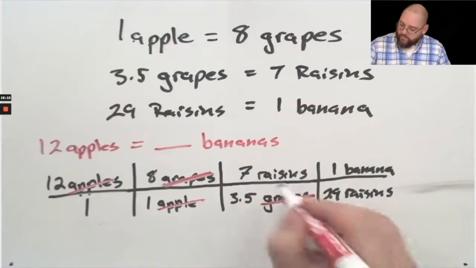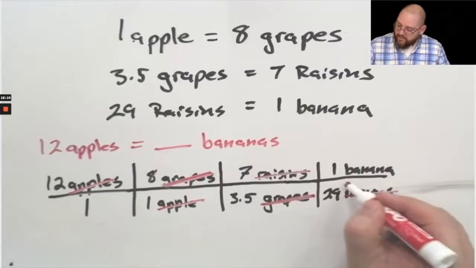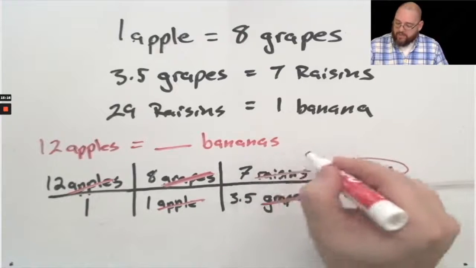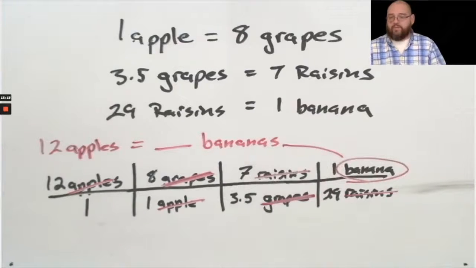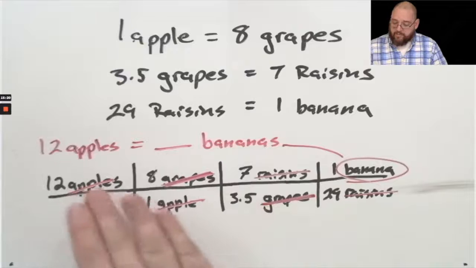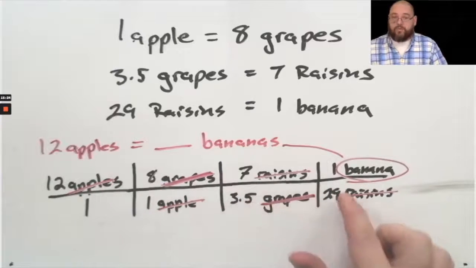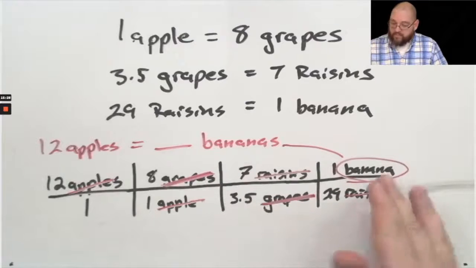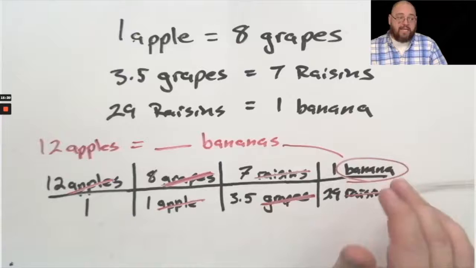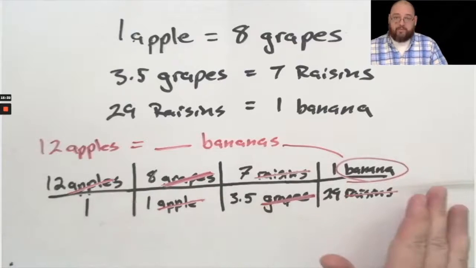And so now my raisins will cancel and the unit I'm left with is the unit that I wanted to begin with. So now that I've canceled the units out using the right amount of 1 each time, I've got the unit that I want.